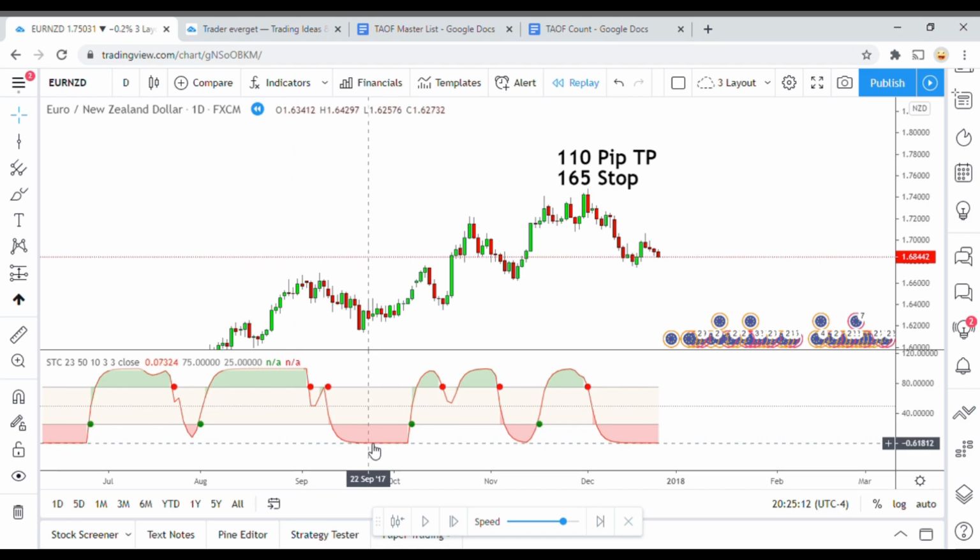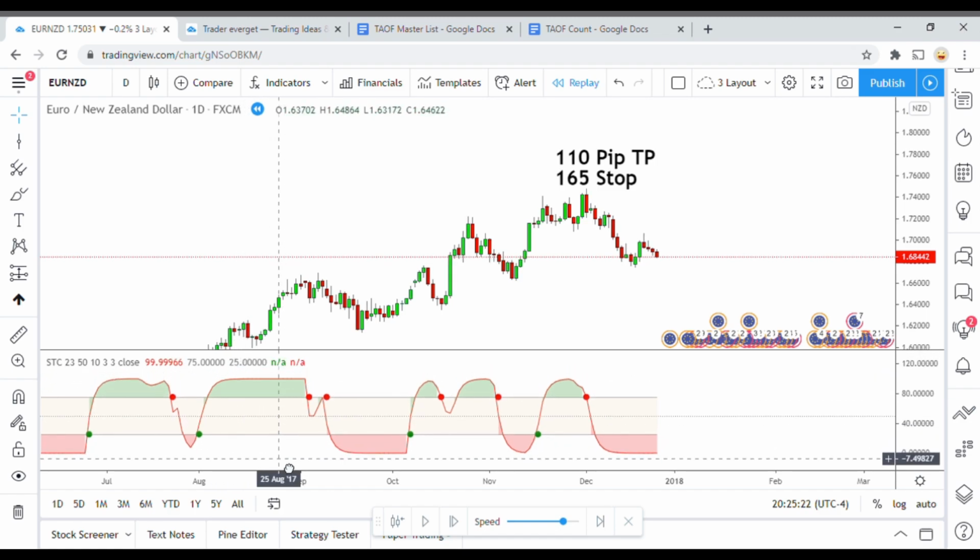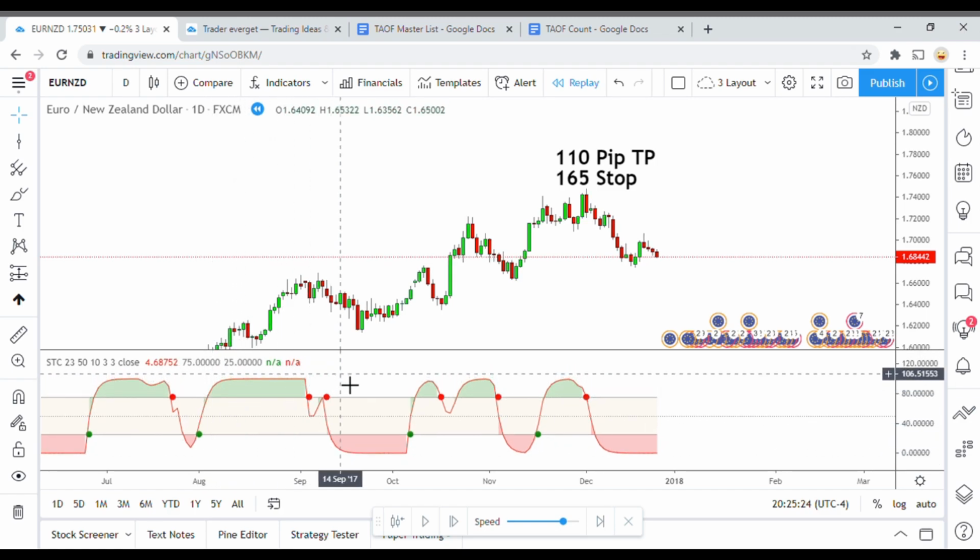Really, overbought and oversold is indicated when the line comes all the way to the bottom and then goes straight. That is considered oversold, and vice versa on top. When it goes all the way up and then goes straight, that is considered to be overbought at that point.